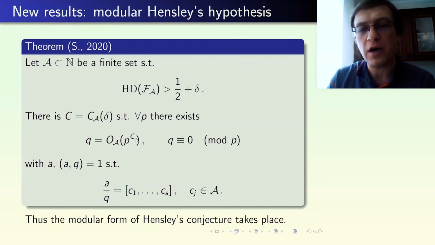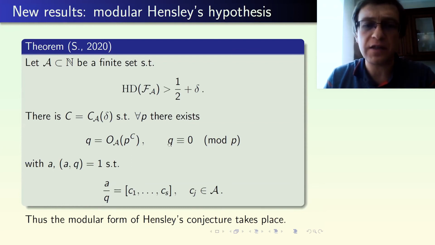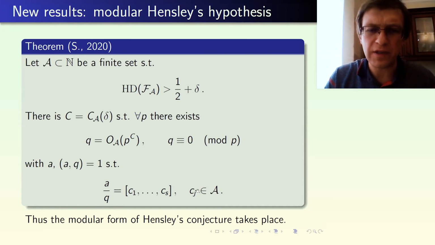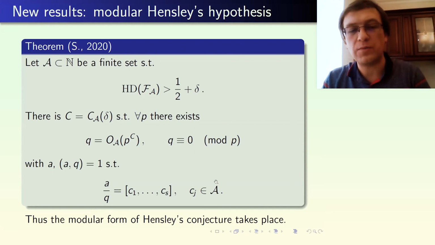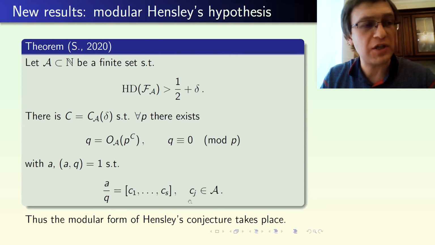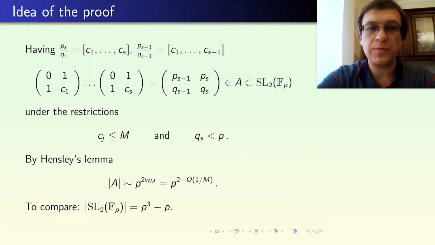It's just a power of p, such that p divides q, and such that a over q has partial quotients which belong to A. So this modular form of the Hensley conjecture takes place. Okay, so I have a few minutes.